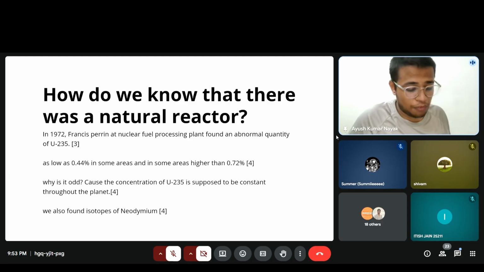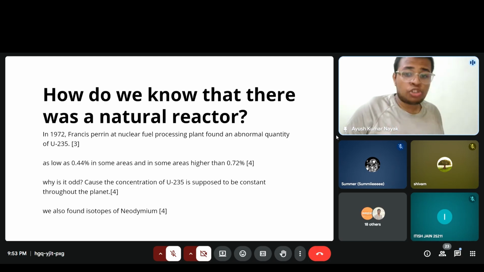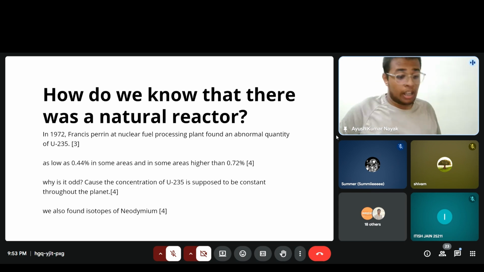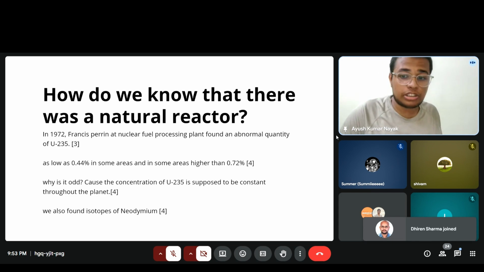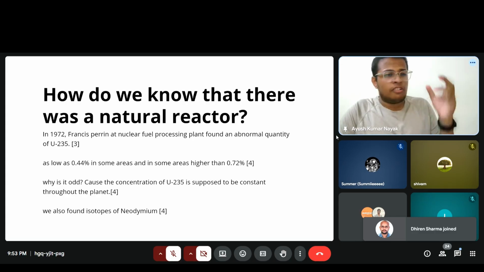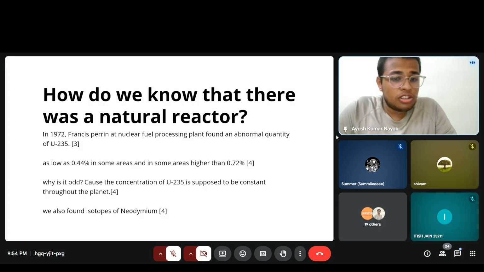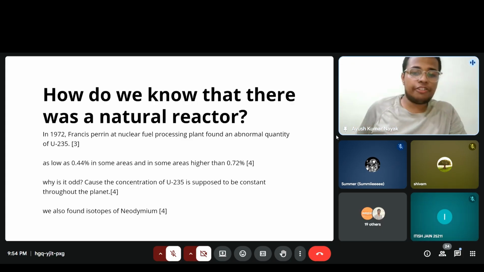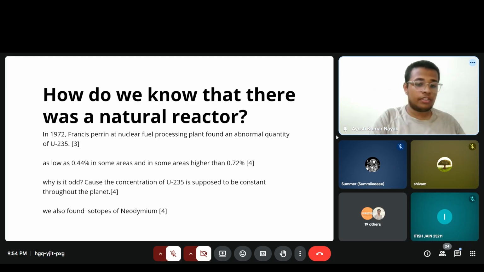In some of his samples, the concentration was as low as 0.44%, where it is supposed to be 0.72%. And in some areas, the concentration was higher than 0.72%. Now, why is this odd? Because the concentration of uranium-235 is supposed to be constant throughout the planet.